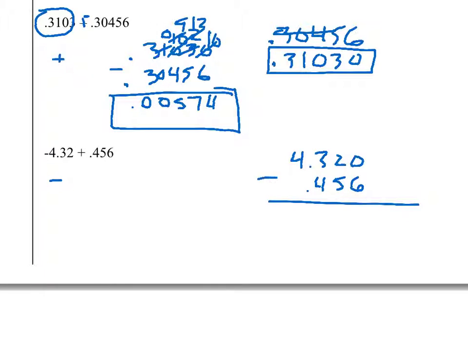Then I'm going to do my subtraction. I'm going to get 0.024, again remembering that our answer was supposed to be negative. Put that over here by my negative sign that I had conveniently placed beforehand.